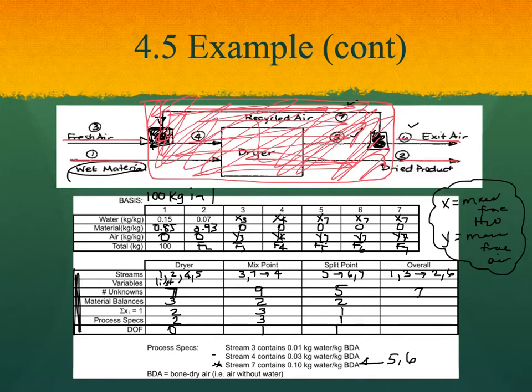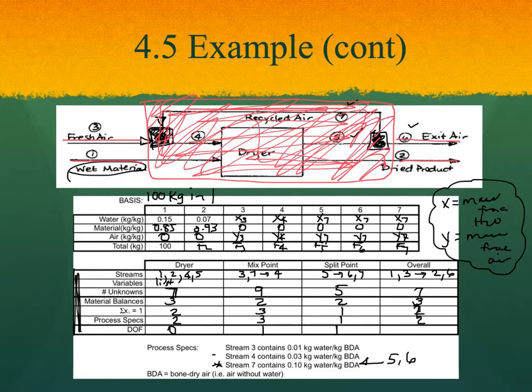Now how many material balances here? Because this involves this wet material coming in, I have materials, the dry solids, I have water, and I have air, so I have 3 material balances. In these streams, 3 contains unknown x's, and 6 contains unknown x's, so I have 2 sum of x equations. 3 and 6, I have process specs.